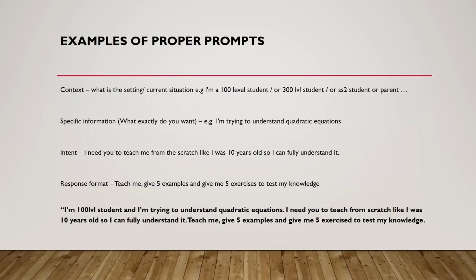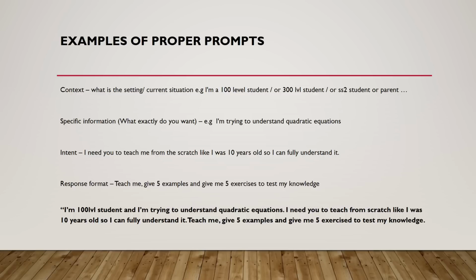If you're a marketer or you're a doctor, "I am a doctor." It knows how to respond to you. Someone asking for health advice who is not a doctor versus someone asking for health advice who's a doctor, the AI will respond differently because it knows that a doctor will understand these jargons and this language and a normal person would not. So you need to start with context. For example, I am a 100 level student.